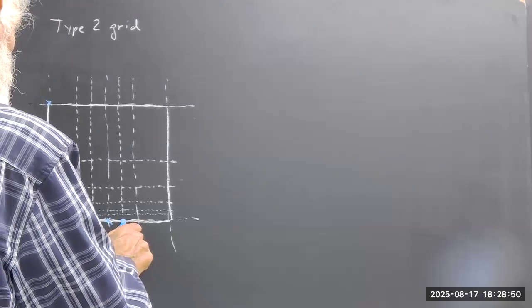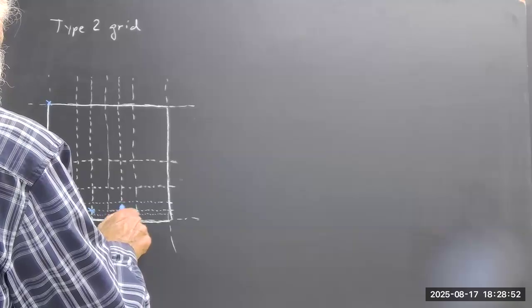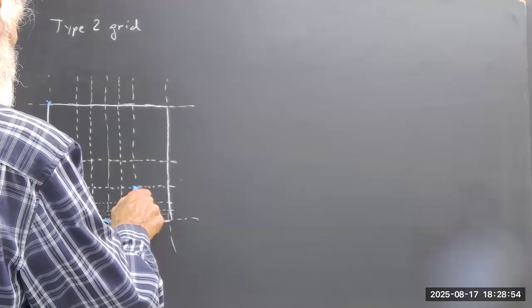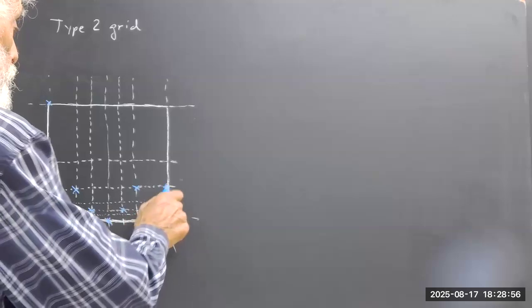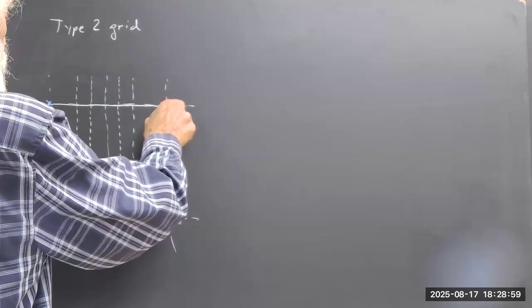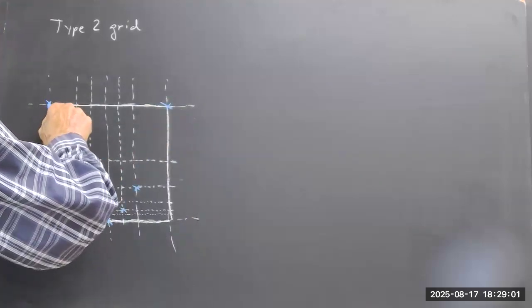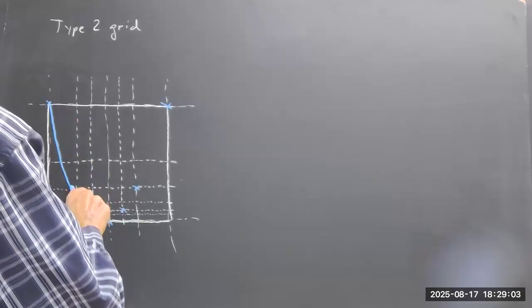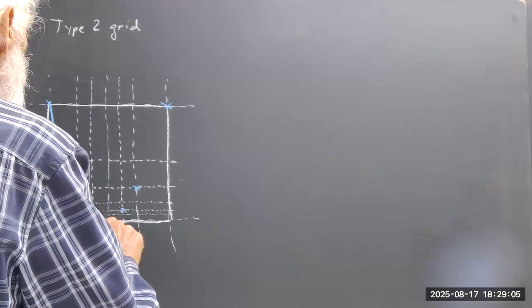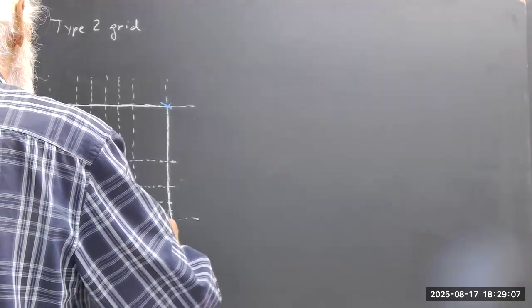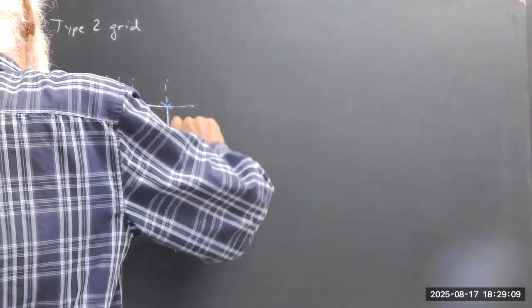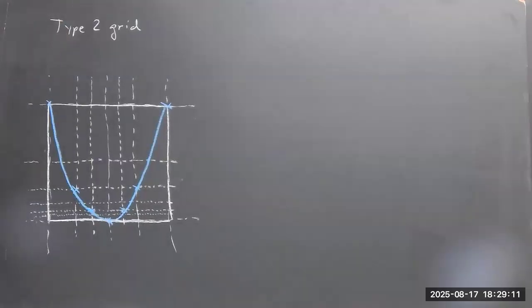And then we go one line to the right and two lines up. One to the right and two up. Okay, one to the right and two up. We end up in the upper edge. We sketch a nice, smooth curve. And there's a half decent parabola.